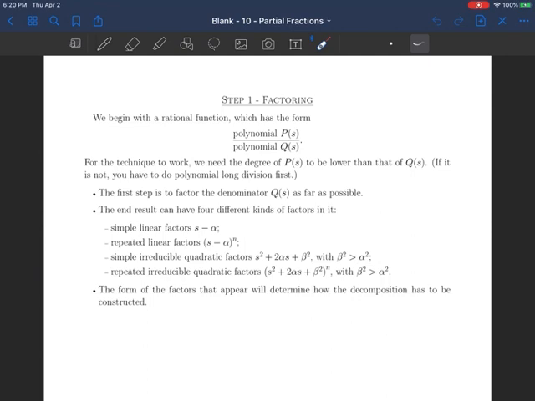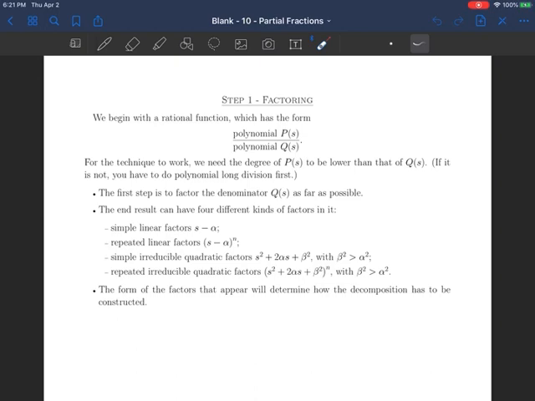So s minus alpha, s minus something. We're using s as our variable here because we're going to be doing this mostly on the Laplace side of things. So you can have a simple one of those, just one copy, or you could have a repeated linear factor, right? So you could have s minus alpha raised to some power. If that's 1, then that's the simple linear factor, but you might have a square or a cube or things like that.